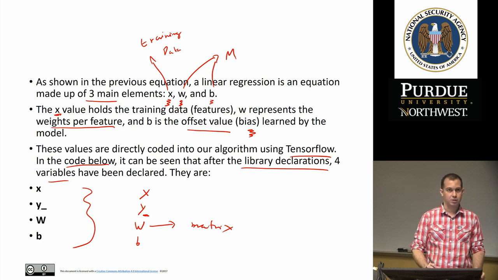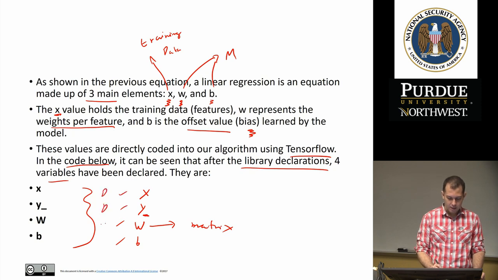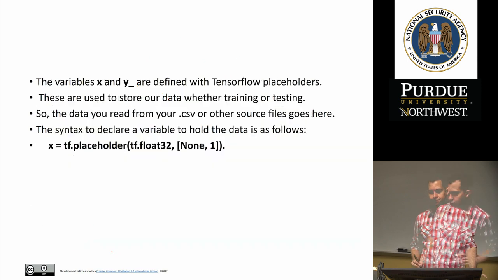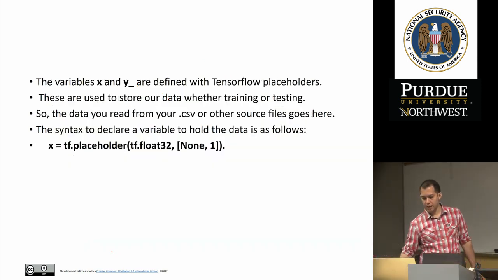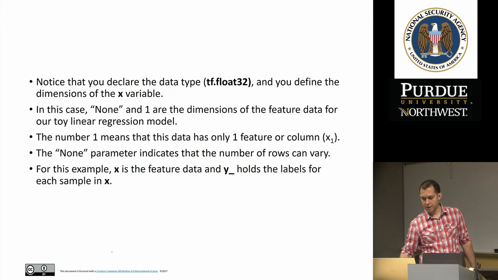We don't think in terms of just individual scalar numbers. But intuitively, we know this is the weights and the bias, which is the model, and this is our data. So data, model. Let's take a quick peek at the code itself, and then we can come back to these slides.